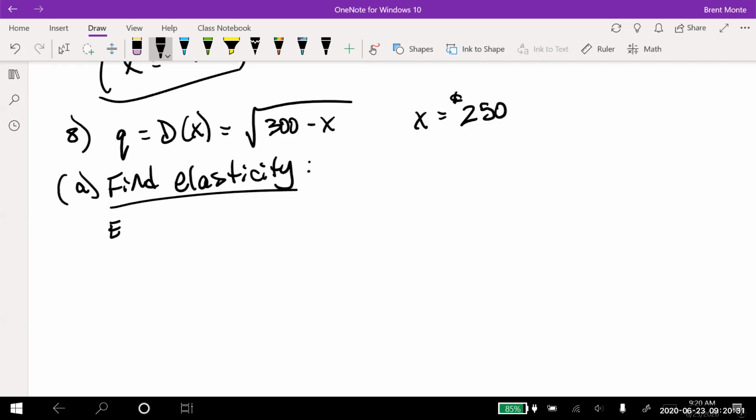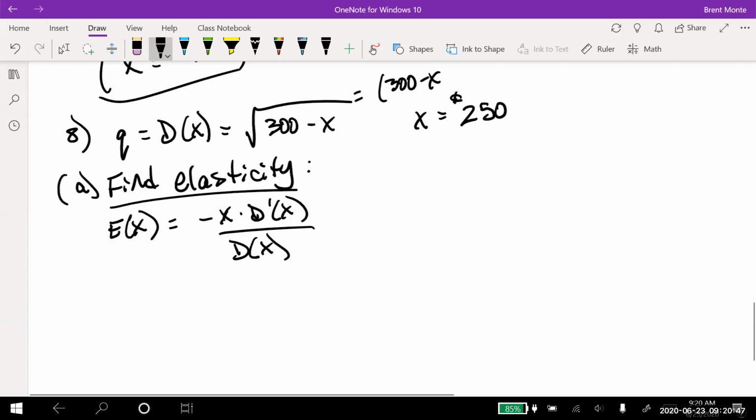All right, so E of x equals negative x times D prime of x over D of x. Let's think of this as 300 minus x to the 1/2 power.